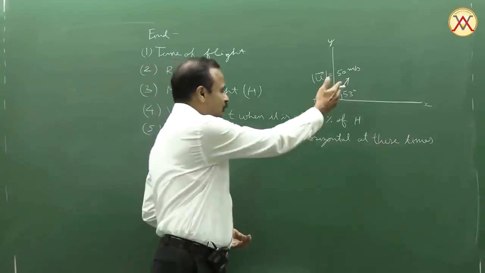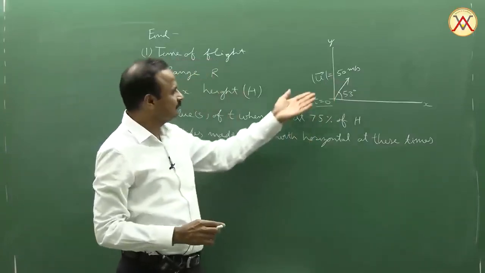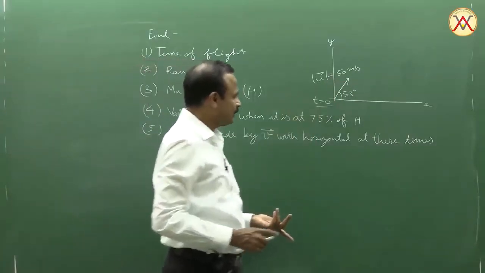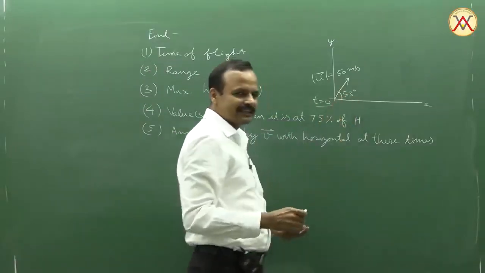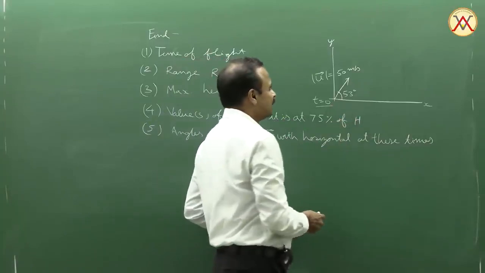Now it will help if you initially find the x and y components of velocity. For this angle 53 degree, it is very easy to do this.